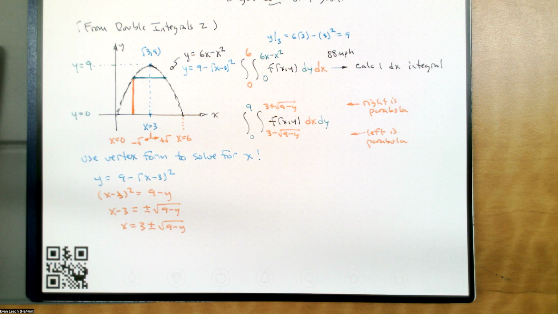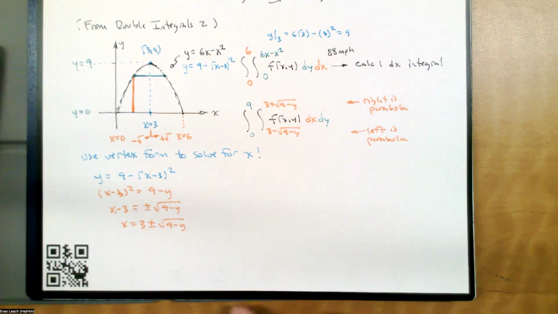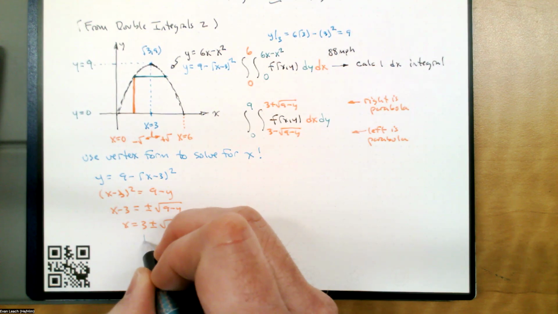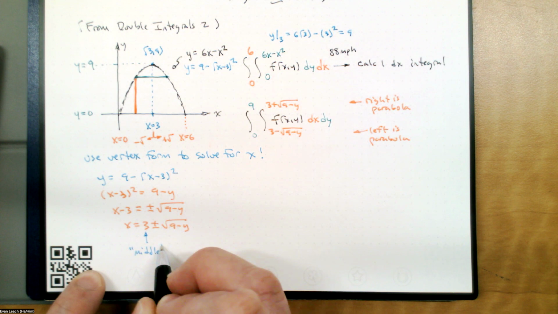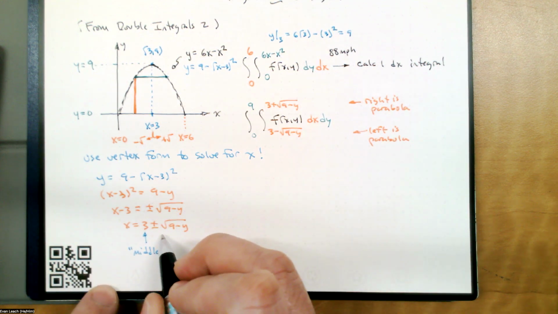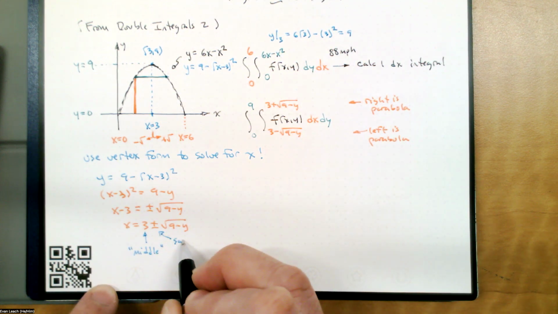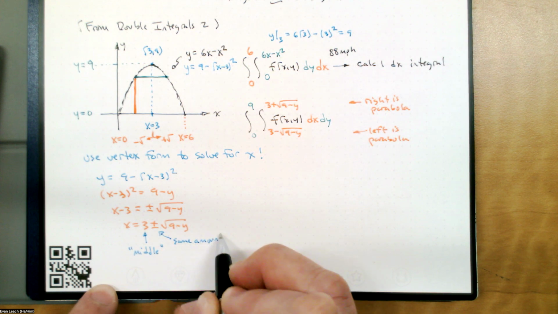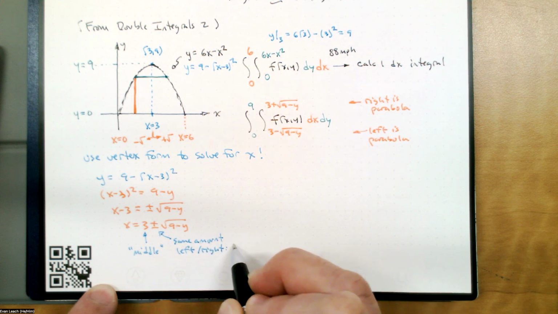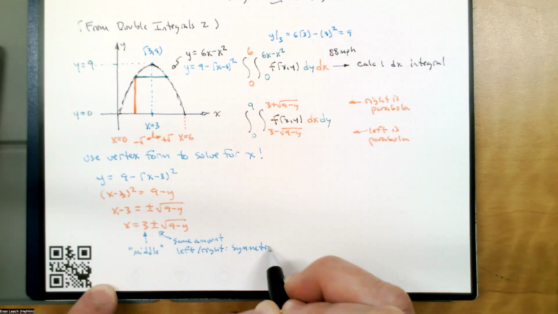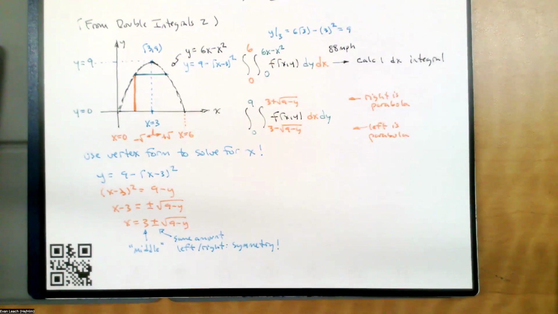That's the symmetry of the parabola. That same amount on the left and right, that's the symmetry of the parabola.